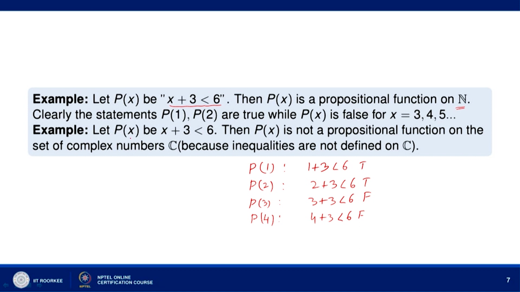Now, let us take another example. Let P(x) be x plus 3 less than 6. Again, we are taking P(x) to be the same inequality. Then P(x) is not a propositional function on the set of complex numbers C, because if you take x equal to, say, 2i, then 2i belongs to C, but 2i plus 3 less than 6 is not defined.